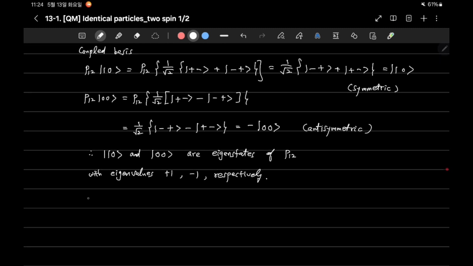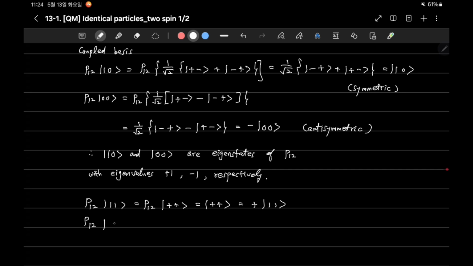So when you apply the exchange operator to the 1 1 case, the 1 1 case means spin up, the identical spin up case, and it has a plus 1 eigenvalue.